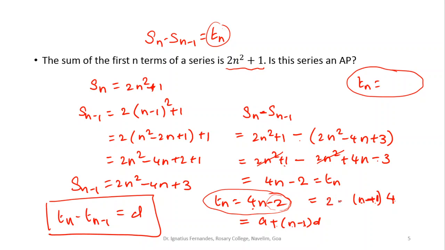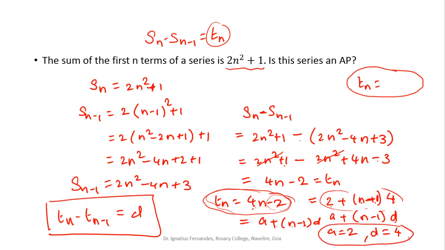I should write 2, so that this 2 minus 4 will give me minus 2 and this 4n will be this 4n. So what did I do? I wrote this in the form a plus (n minus 1) into d. So this series which has nth term as 4n minus 2 is actually an arithmetic progression with a equal to 2 and d equal to 4. Okay, so you can say that it is an arithmetic progression.